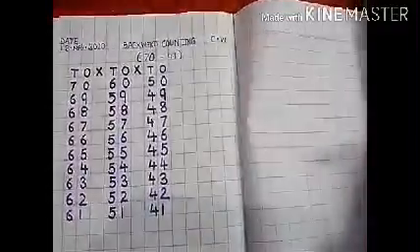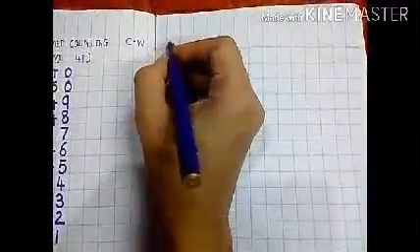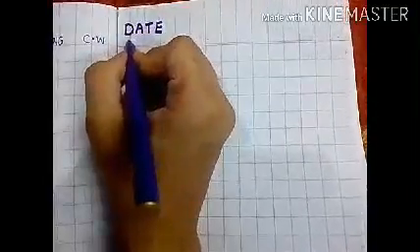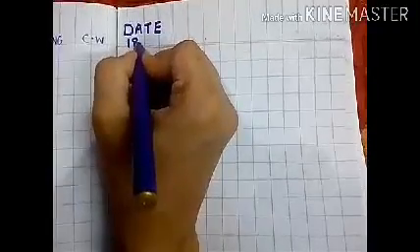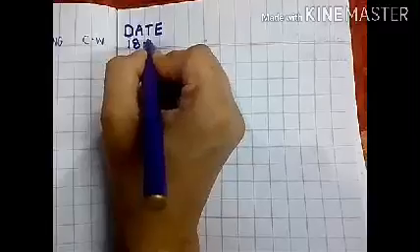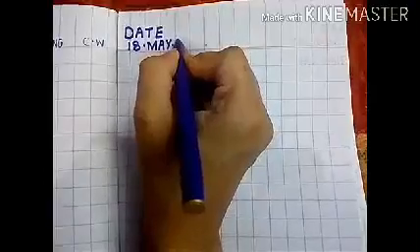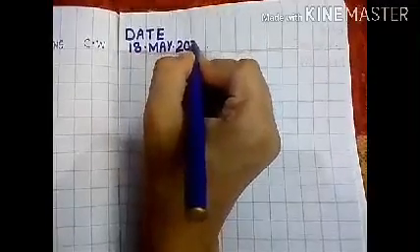Write down homework as classwork. On the left hand side, write down date D A T E, 18th May 2020.